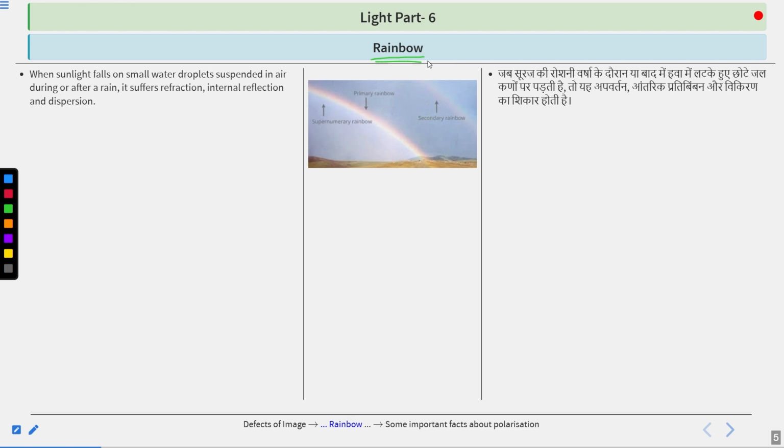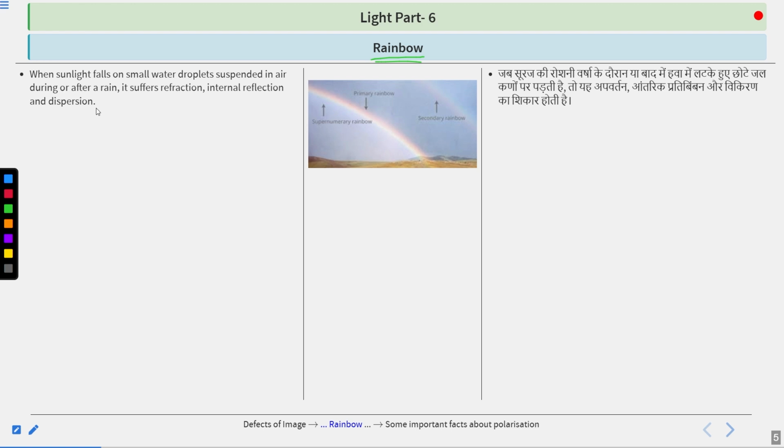So here we could say when sunlight falls on small water droplets that are suspended in air during or after a rain, it suffers refraction, internal reflection and dispersion. Basically, whenever the rain arrives, and when the rain just stops, there will be some water droplets suspended in the air.